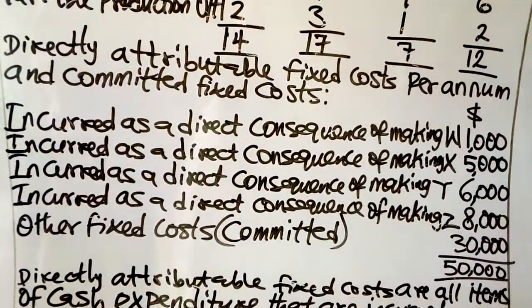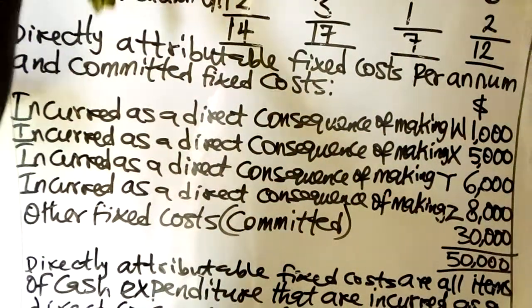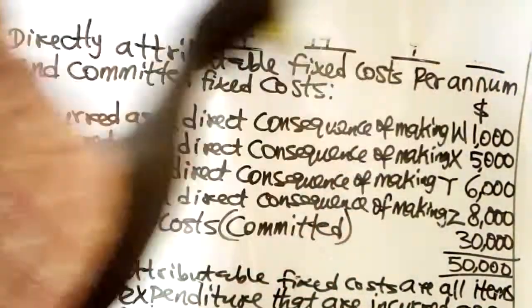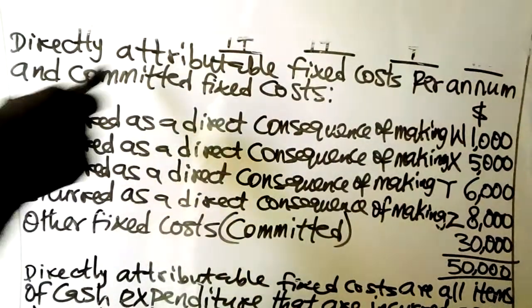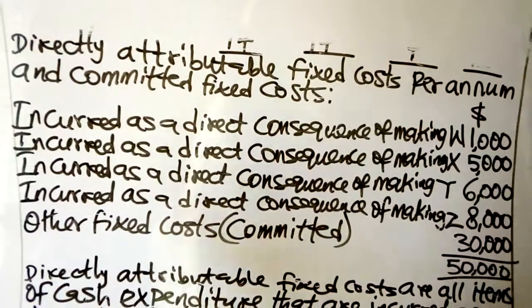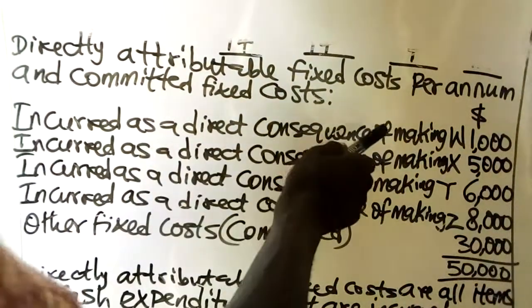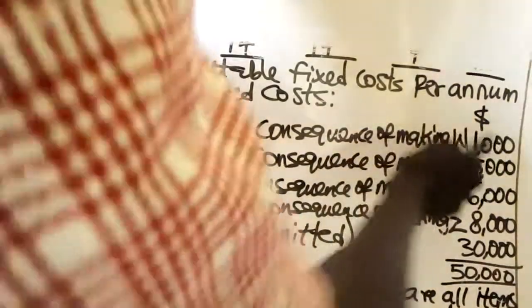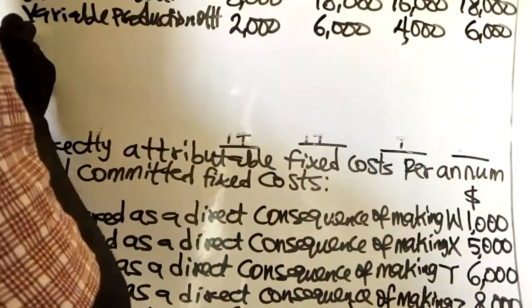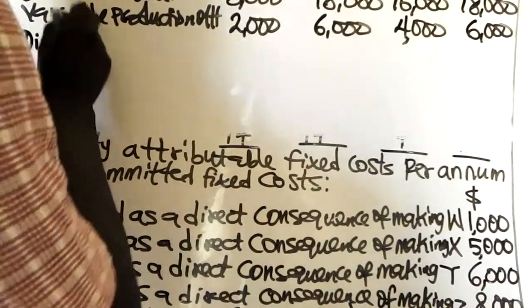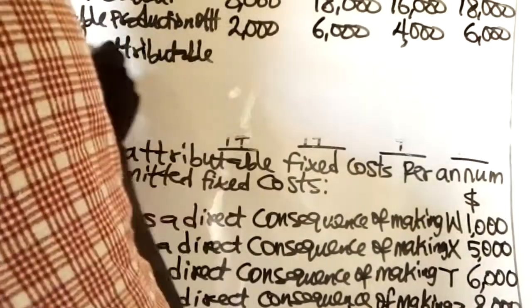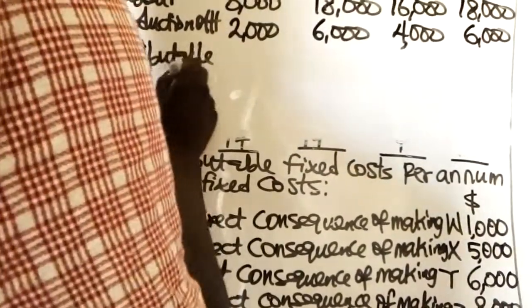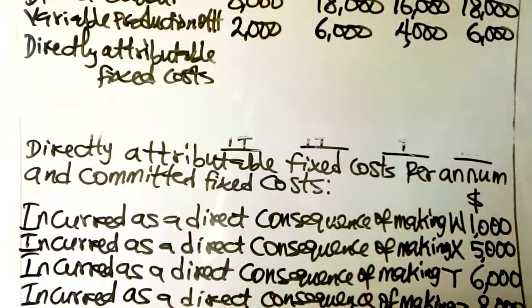Then we have directly attributable fixed cost per annum and committed fixed costs incurred as a direct consequence of making W. Directly attributable fixed cost is a specific fixed cost.